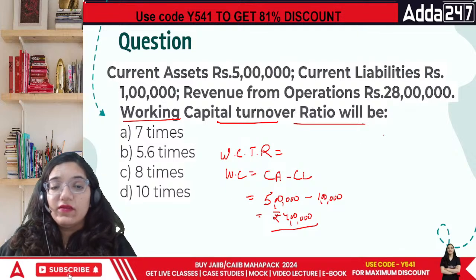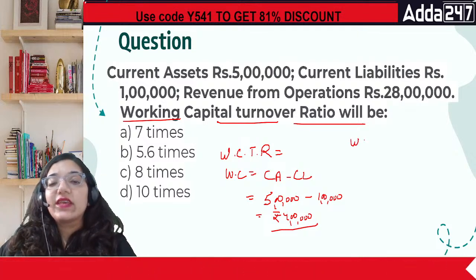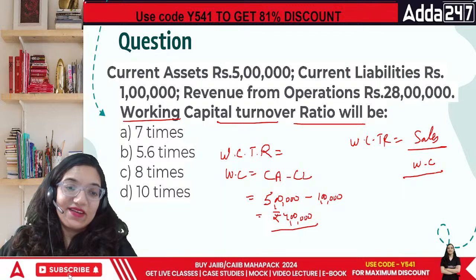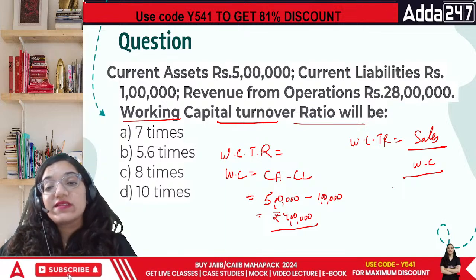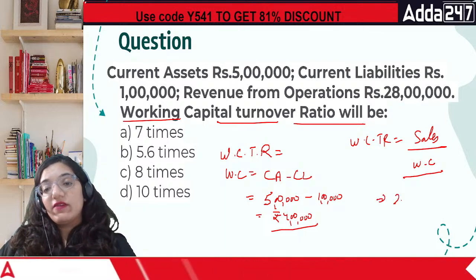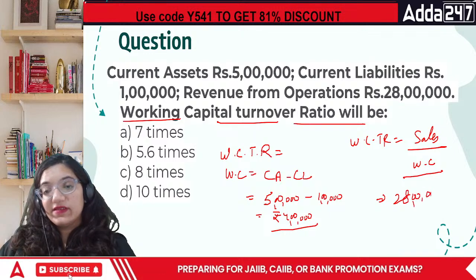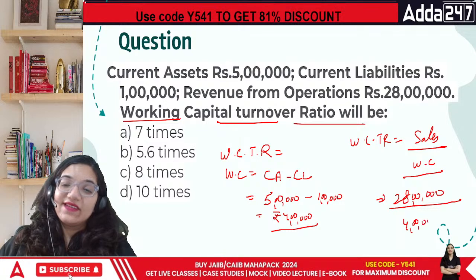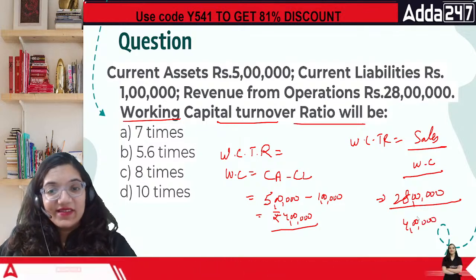Then what do we do in terms of working capital turnover ratio? We take the sales and we divide it by the working capital. So in this case, what's going to be the answer? Your revenue is of 28 lakhs divided by 4 lakhs. What's going to be the answer?